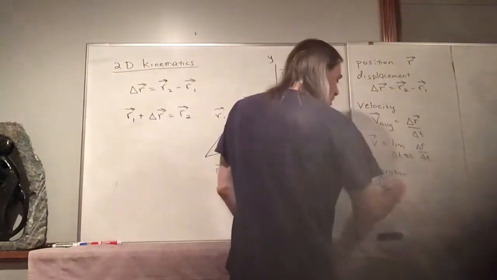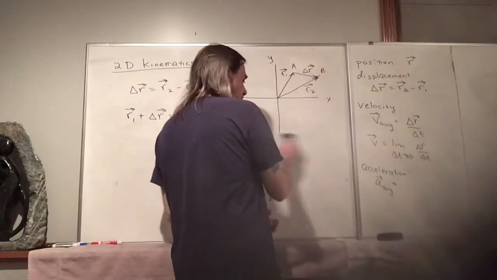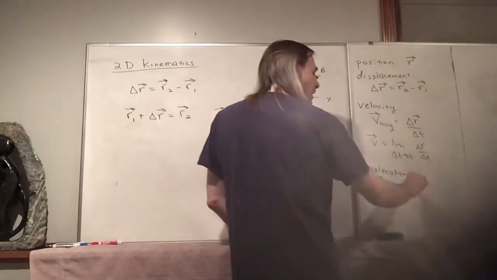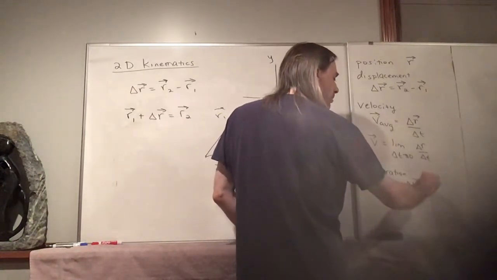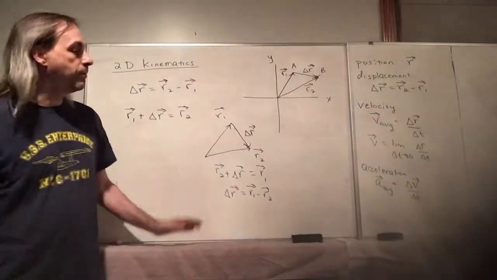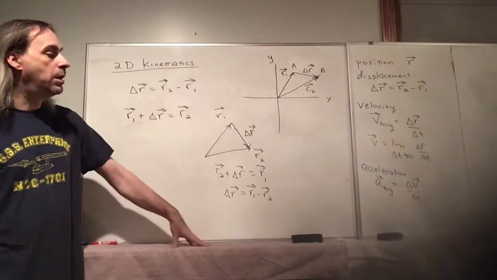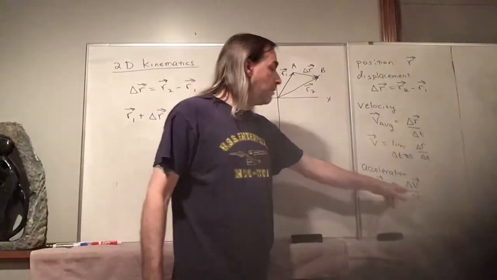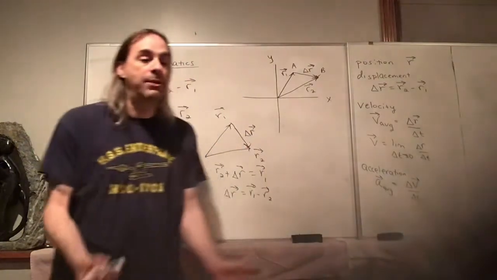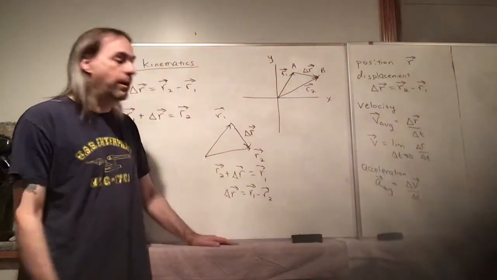So I'd rather just write it out with subscripts. So our average acceleration over some time interval would be delta V over delta T. So again, we have vector subtraction. We've got the velocity vector at time t1 and the velocity vector at time t2. We'd have to subtract those.